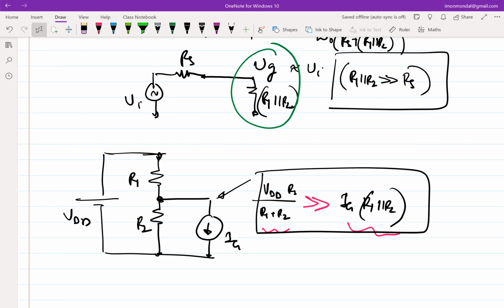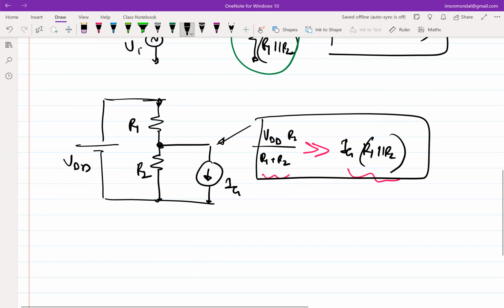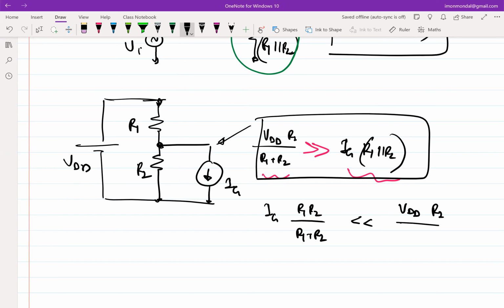I didn't understand. Can you repeat your argument? Right. Okay, tell me what you have to do. You know Ig, right? So what do you get? So essentially Ig times R1 parallel R2, that is R1 R2 by R1 plus R2, is much less than this. So you choose R1 such that this is much less than what?